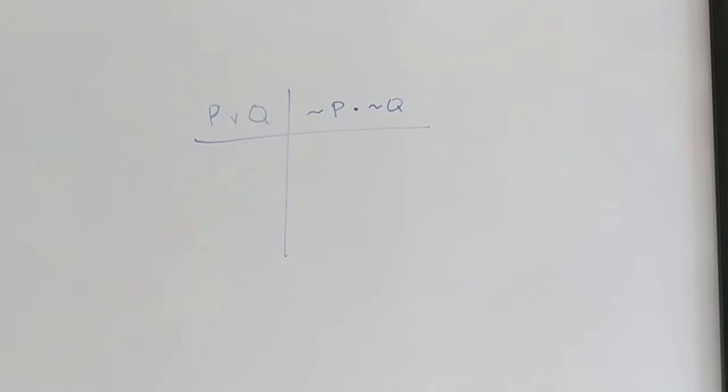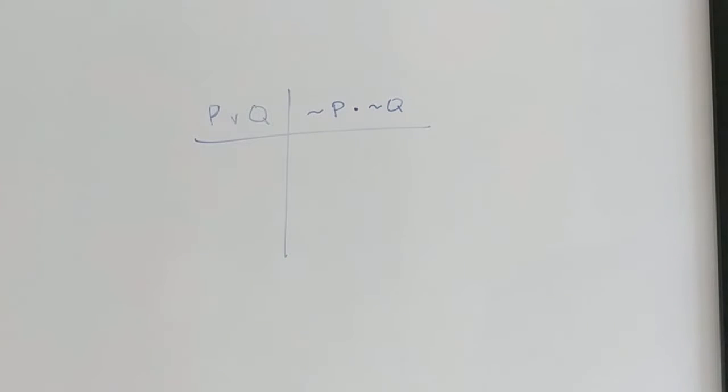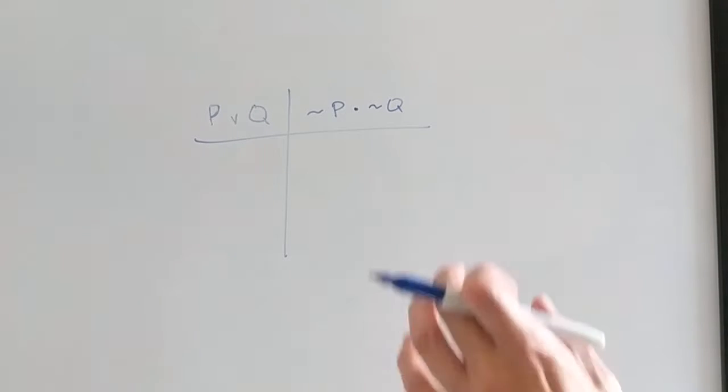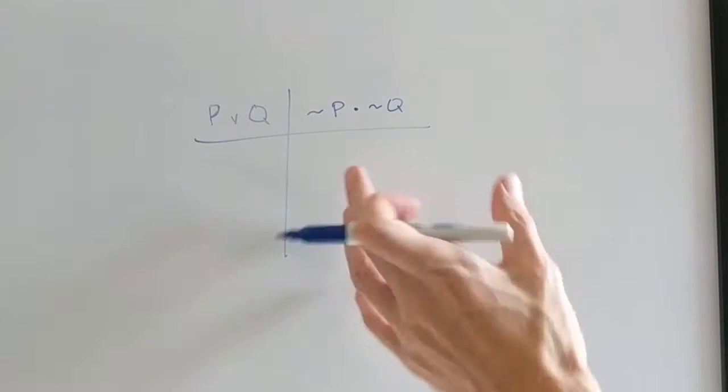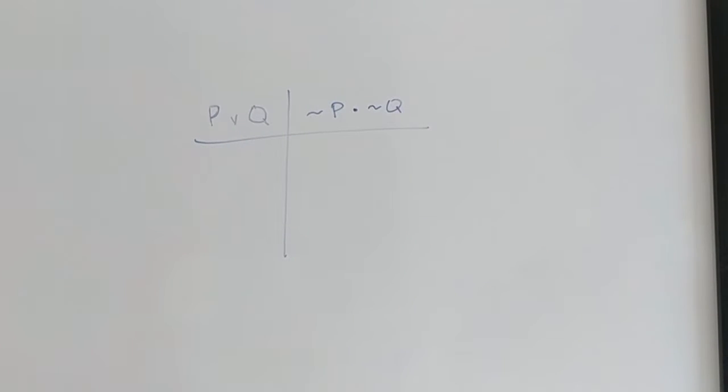Well, if statements are only consistent when all truth values on one line are true, then why don't we just only look at the lines in which the values are true? Why don't we? So let's do that without having to fill out the entire thing. Let's try to create just the line in which both are true.